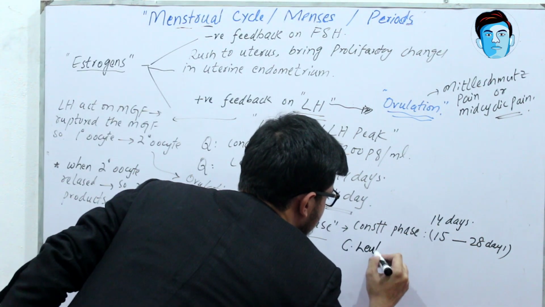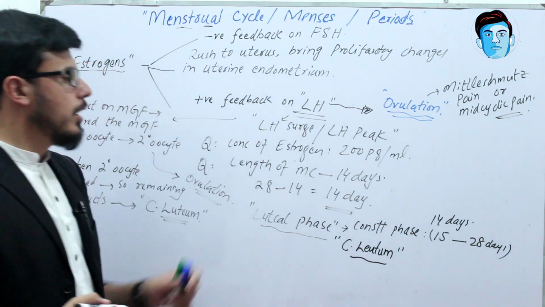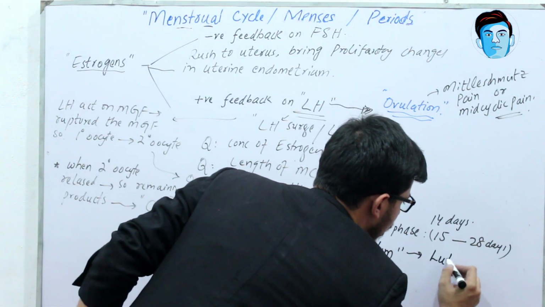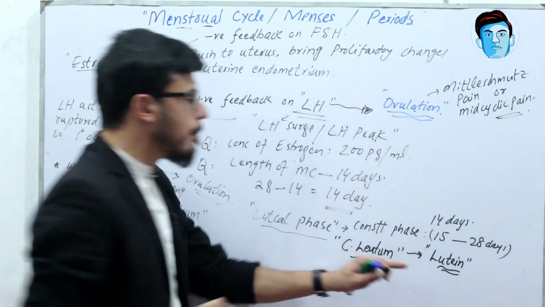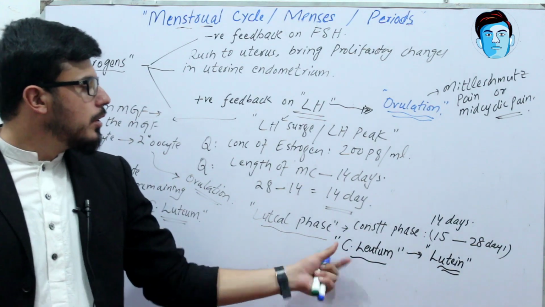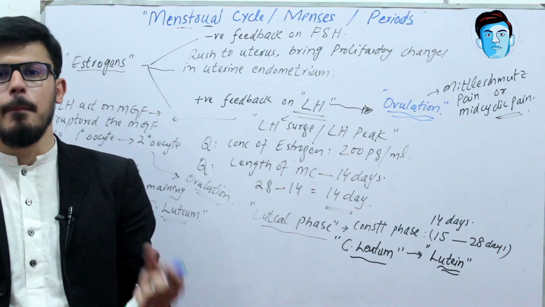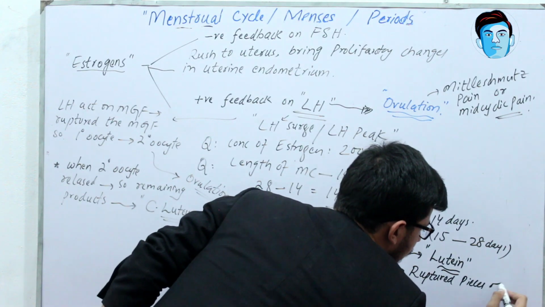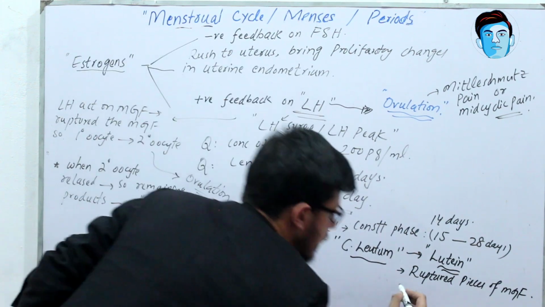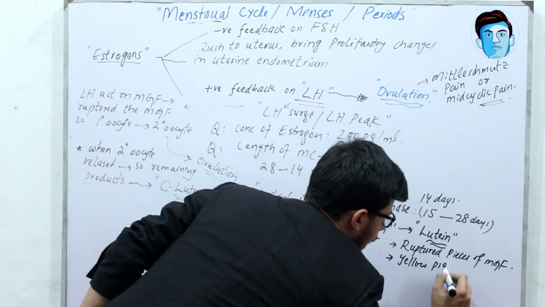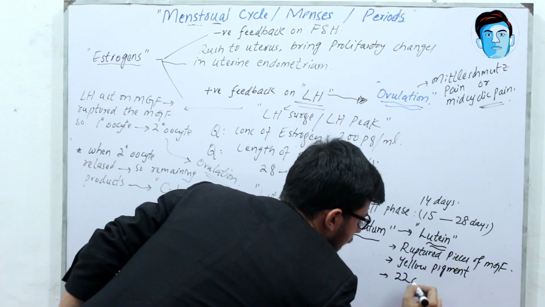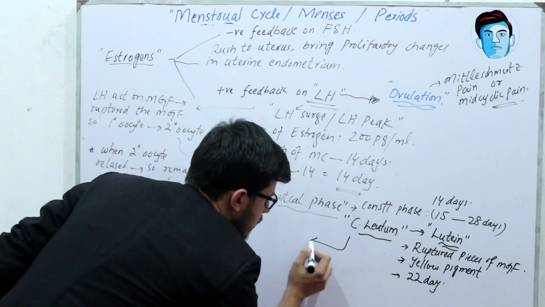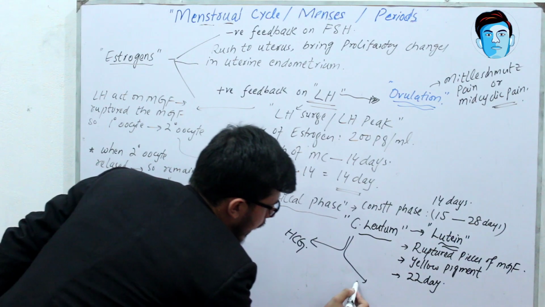There is the important role here of corpus luteum. Now, what is actually that is called as SCG and LH, luteinizing hormone.